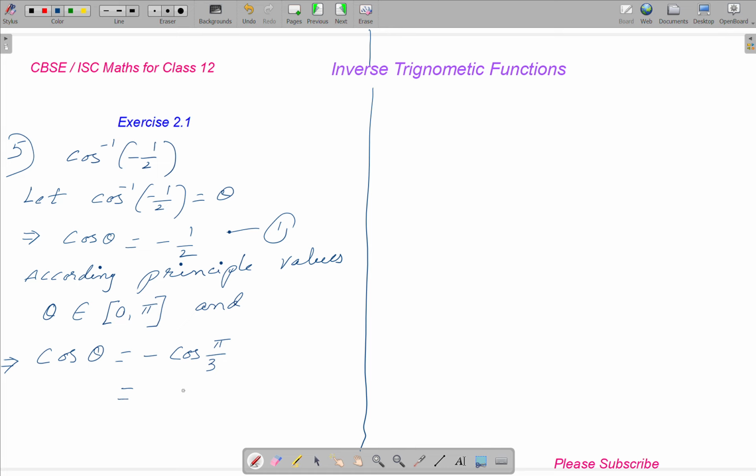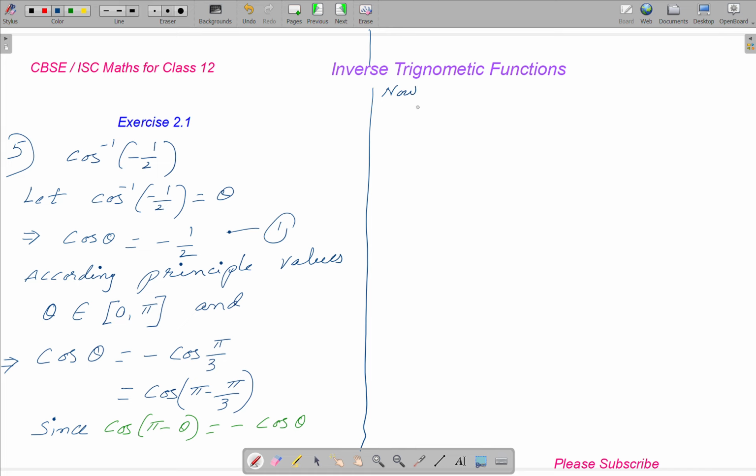That is equal to cos of pi minus pi by 3, since cos of pi minus theta is equal to minus cos theta.